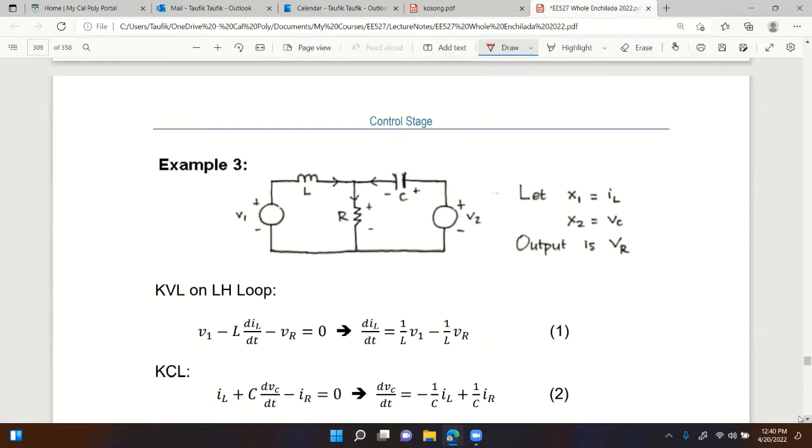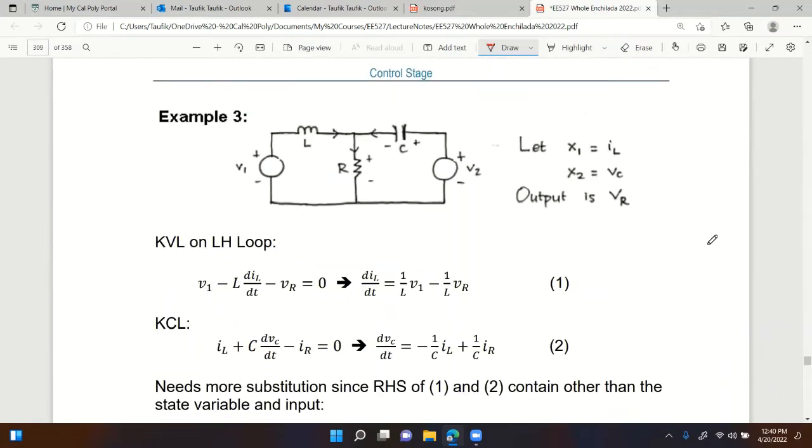All right. Let's look at the second example right here. Now let's do this faster. Let's answer this question first. How many inputs do we have? Anybody quickly? How many inputs? 2. Very good. How many state variables? 2. Very good. And output is defined to be voltage across the resistor right there.